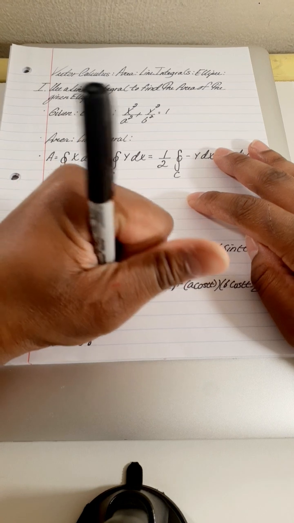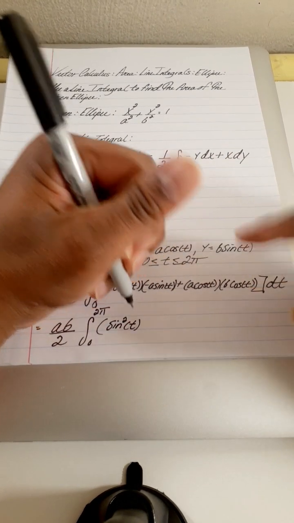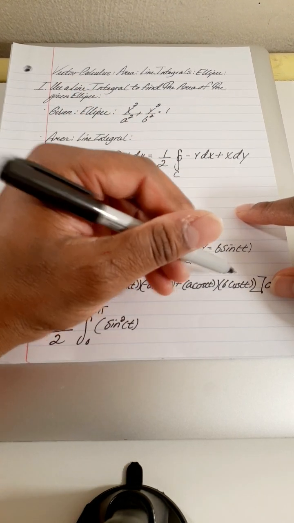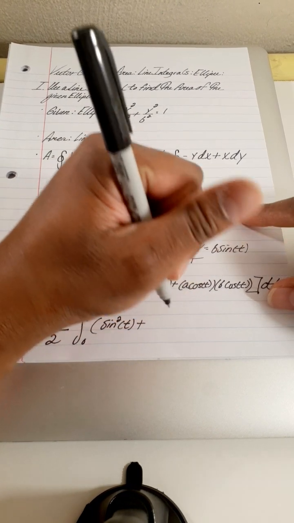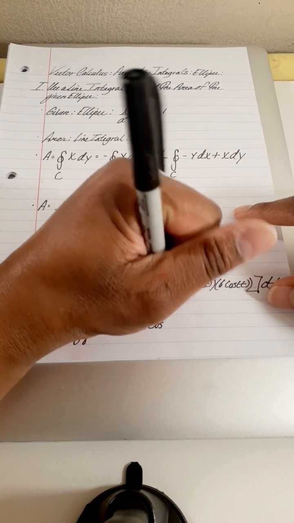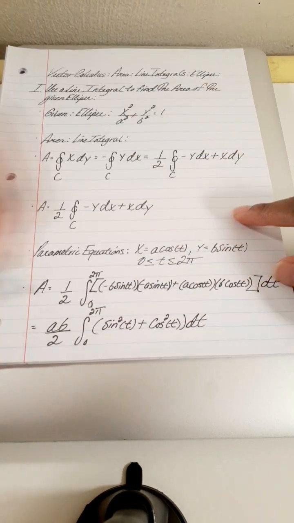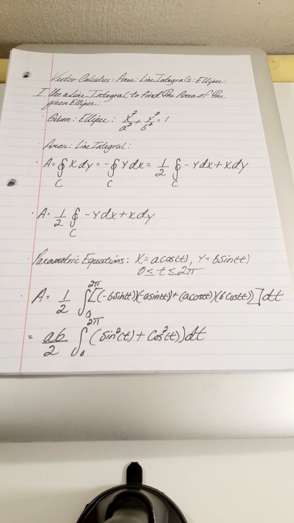So really what we have here is sine squared of t plus cosine squared of t, and then dt. I factored out the AB because I have an A and a B in each term, and I multiplied it by 1/2. So this is where you should be at with this part.